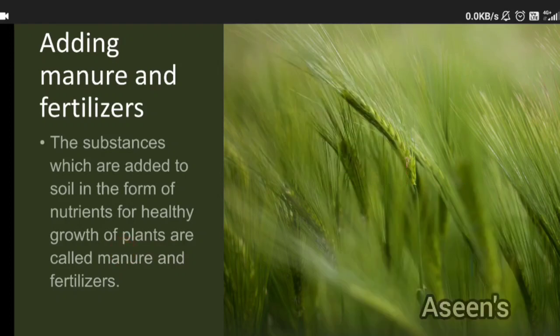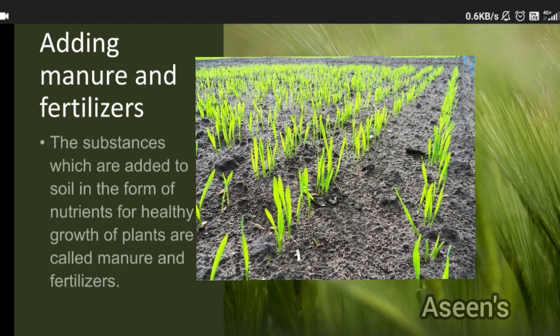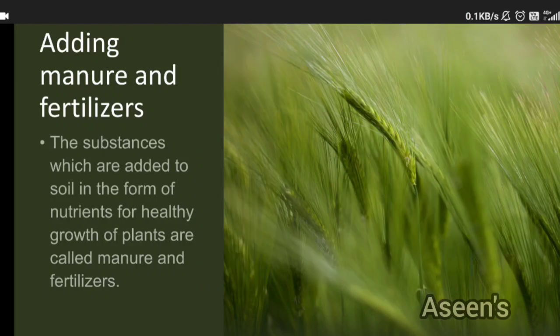So basically manure and fertilizer are something you add to increase the fertility of the soil, or to increase the nutrients of the soil, so that whatever plants we grow in that particular soil, they grow healthier and better.